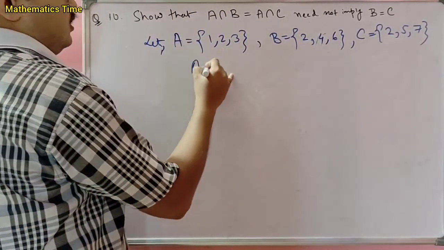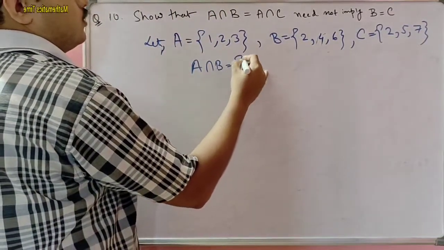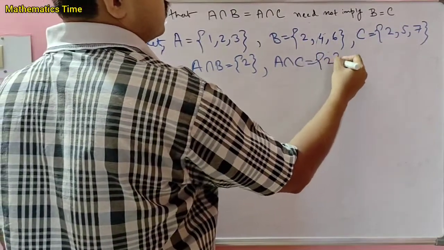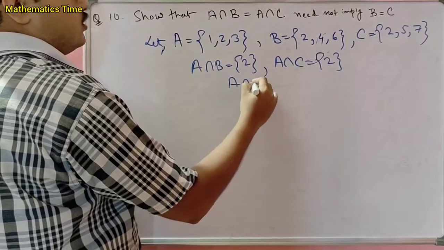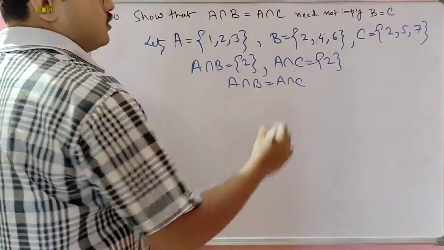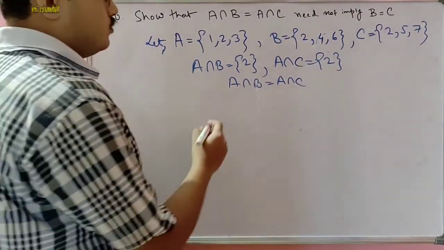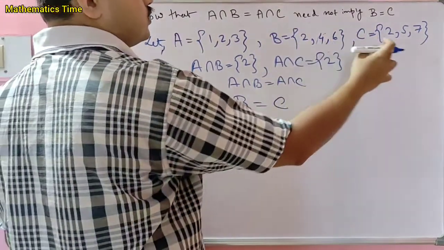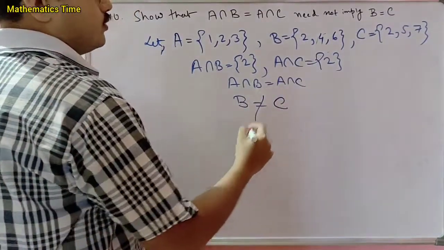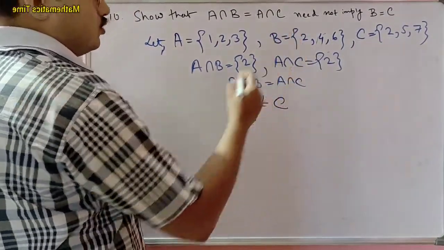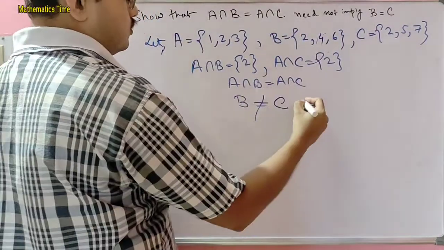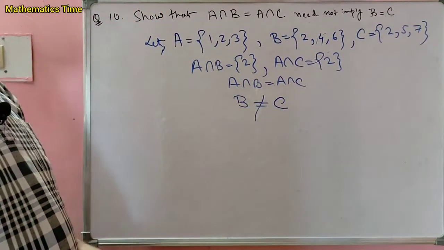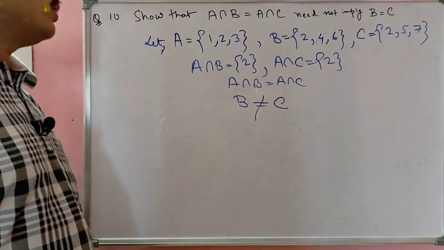Now A intersection B equals the common element, which is 2. A intersection C equals the common element, which is 2. So A intersection B equals A intersection C. There is no problem with that. Now is B equal to C? B has 2, 4, 6 and C has 2, 5, 7, so B does not equal C. This is how we can show that A intersection B equal to A intersection C need not imply B equal to C.